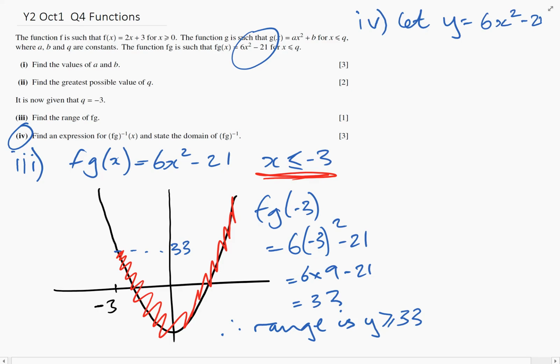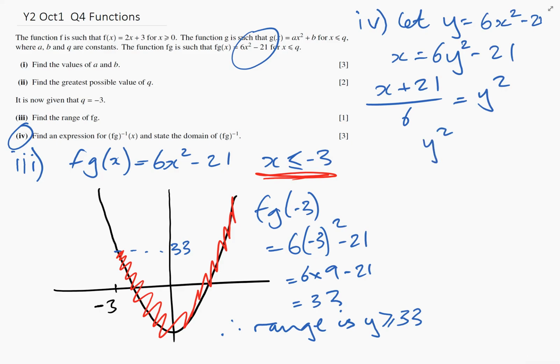Swap the x's and the y's round, so then x equals 6y squared minus 21, and rearrange to get y on its own. So (x plus 21) over 6 equals y squared. So then y is going to equal plus or minus the square root of (x plus 21) over 6.